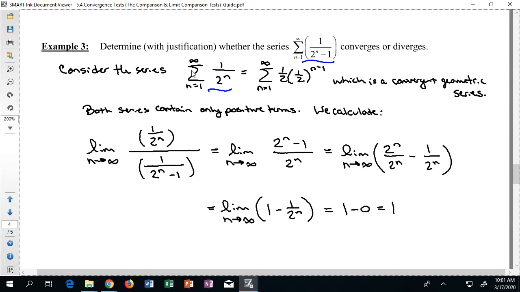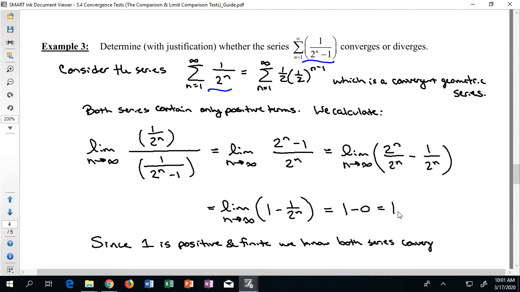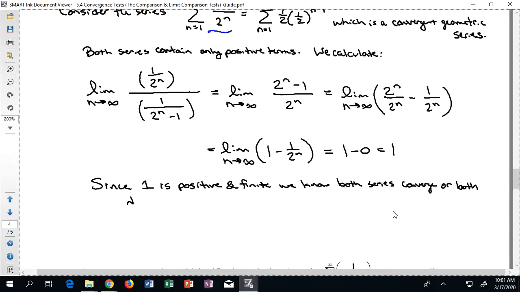Notice, this doesn't tell me at all what either of these series converge to or if they converge in and of itself. What this tells me is that since I now have a value of 1, and that is positive and finite, we know both series converge or both diverge.